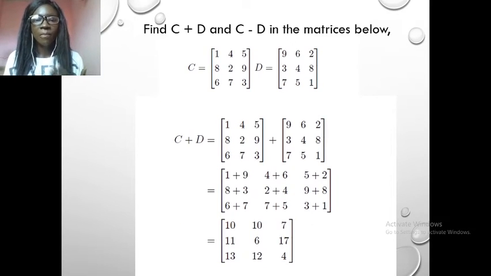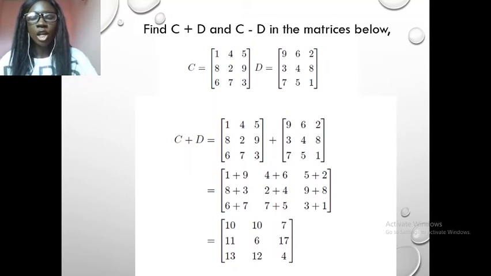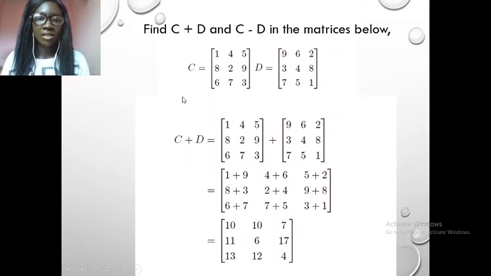Okay, so let's move to a higher matrix, that's a 3 by 3 matrix. It's all the same thing we have been doing: C plus D. This matrix is C, a 3 by 3 matrix. This is the first row, second row, third row. This is the first column, second column, third column.